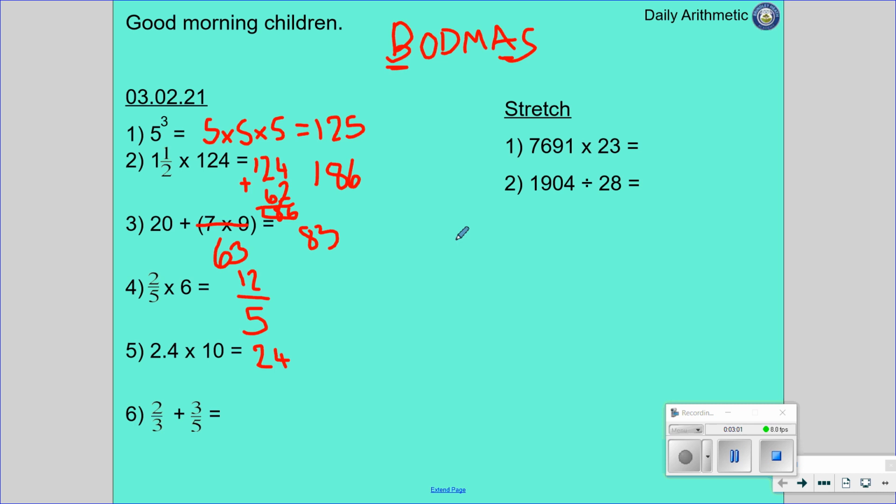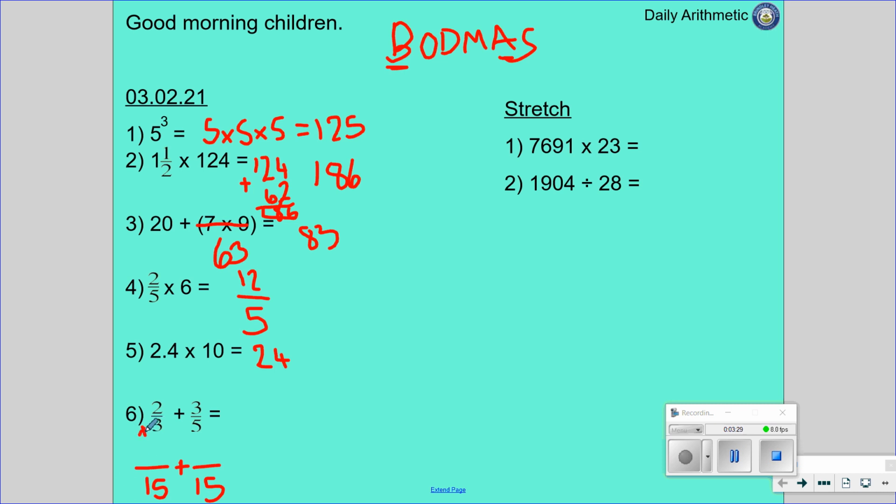Question 6, I'm adding fractions. Remember, with adding fractions, I have to have the same denominator. So at the moment, I can't add them. I need to find a common denominator. And for this, I'm going to find the common denominator 15. Okay, because 15 is in the 3 times table. It's also in the 5 times table. Okay, so then I have to ask myself, what do I times 3 by to get 15?